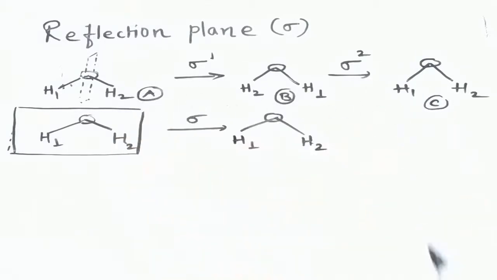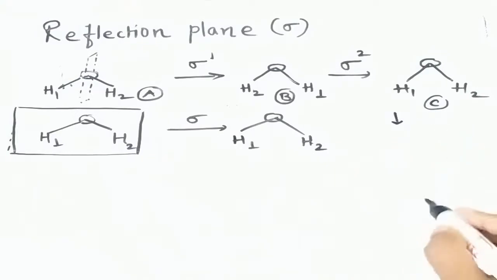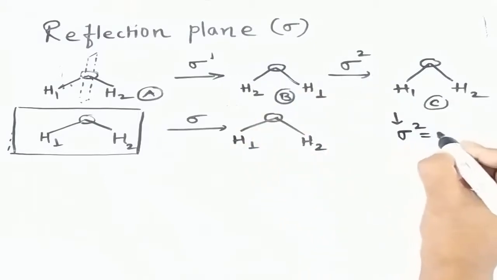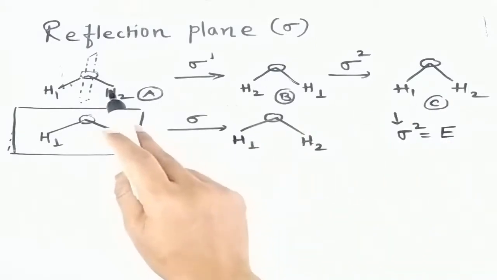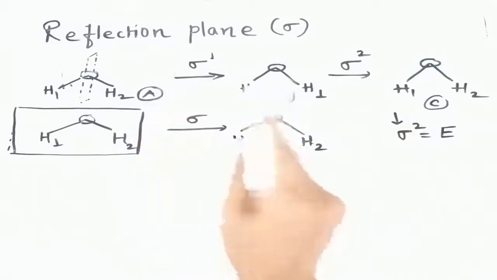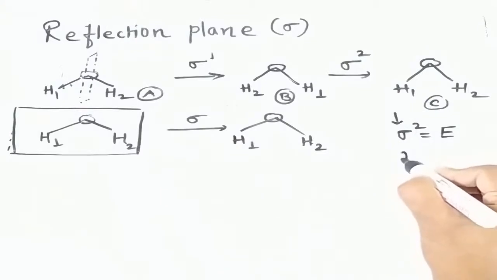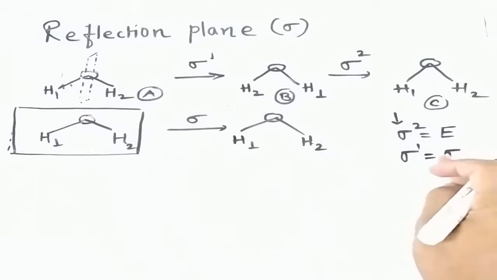The summary we can draw from here is that sigma raised to 2 is nothing but equal to E, because image A and C are both equal, whereas sigma raised to 1 leads to only sigma, the resultant is only 1 sigma.